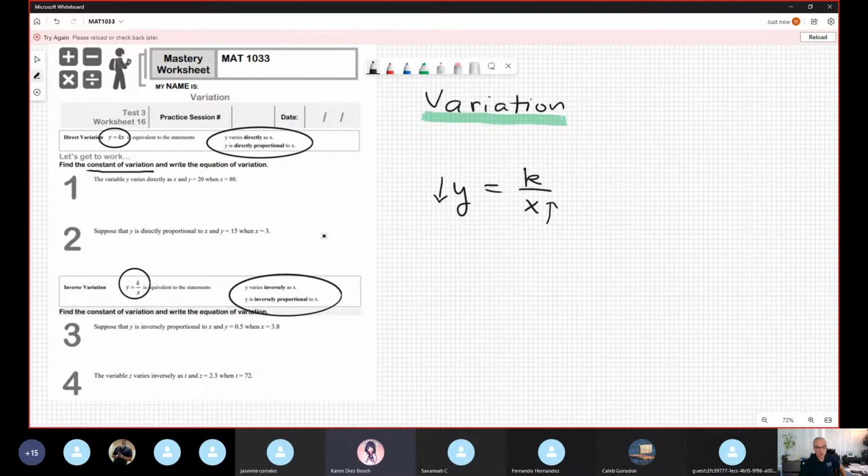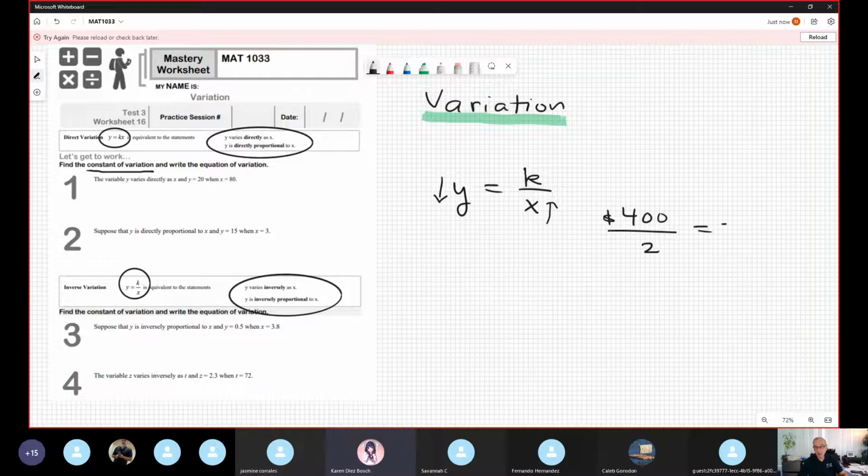So when the denominator is going up, the quotient is obviously going down. Suppose you have, I don't know, $400, and you need to split this between 2 people.